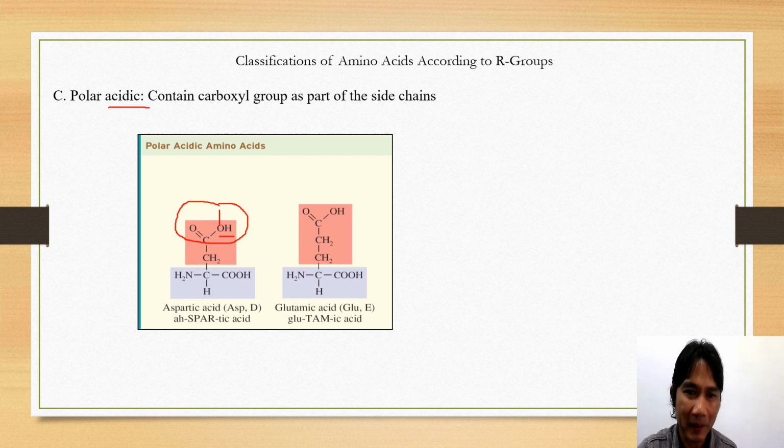So aspartic acid and glutamic acid, both of them have carboxylic acid. So aspartic acid, for short, ASP, single letter abbreviation D. Glutamic acid, GLU, or E.